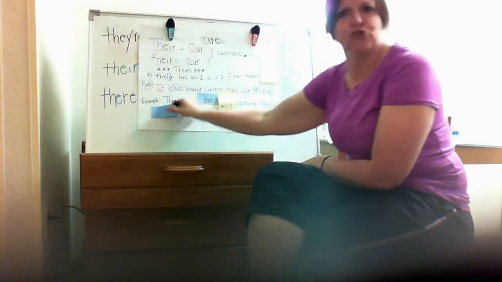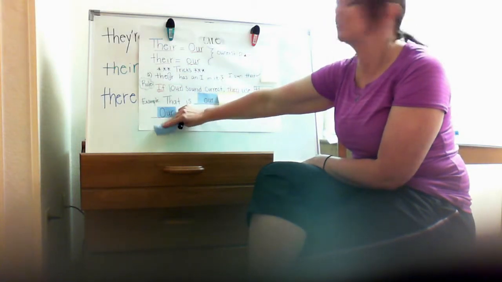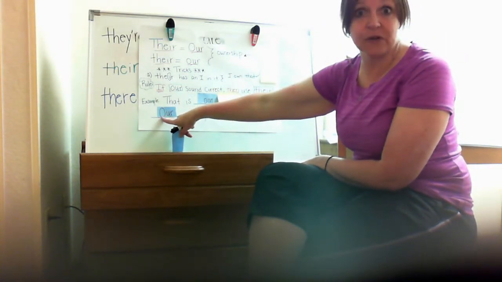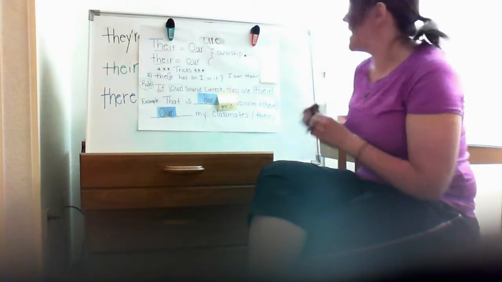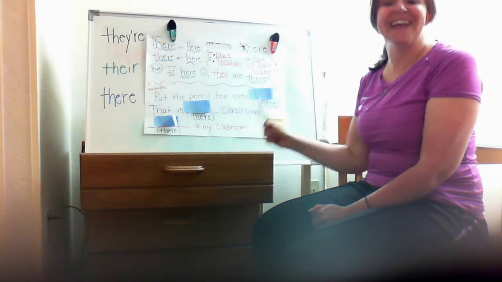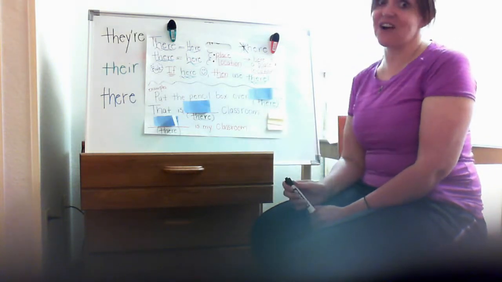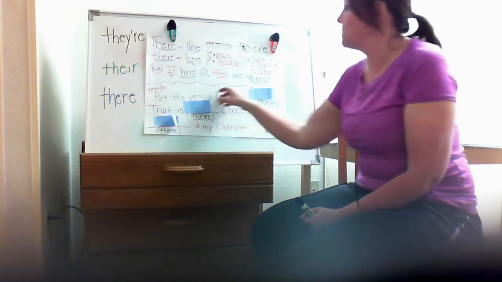Okay, so let's try that. We're going to put what word in there? Yes, our. Good job. And if you notice, I capitalized it because why? Yes, good job. T-H-E-R-E. Yes, what word? There.